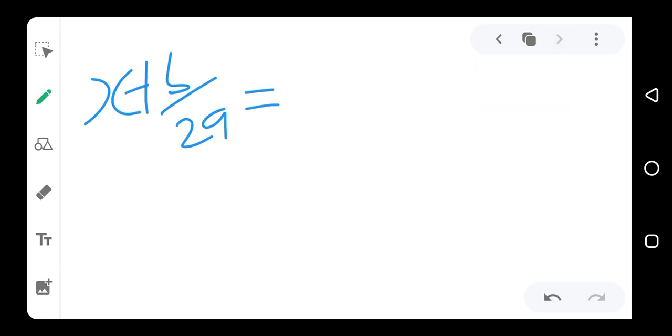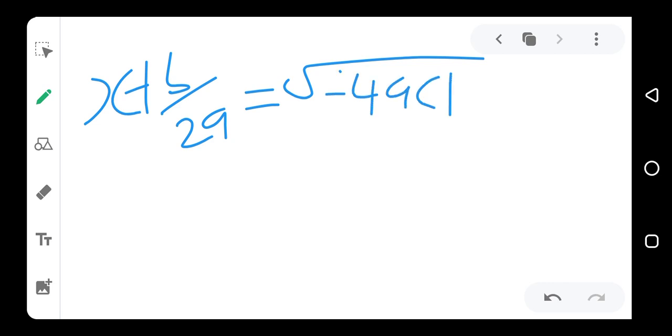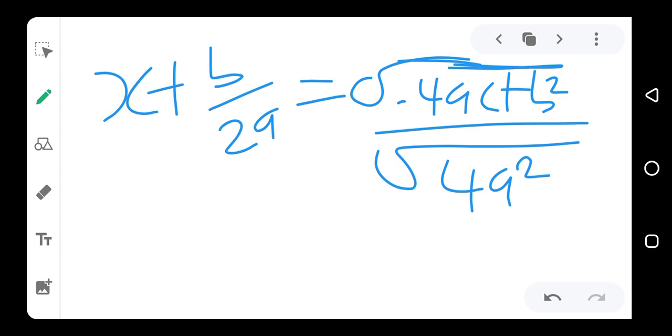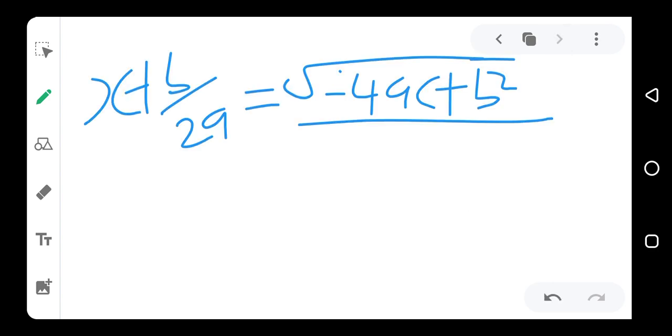So we have for the up minus 4ac plus b squared, then everything over this denominator. Root of 4 is 2 and root of a squared is a. So we clear the root for the down, so we are going to have 2a.